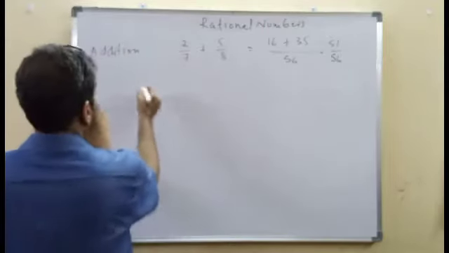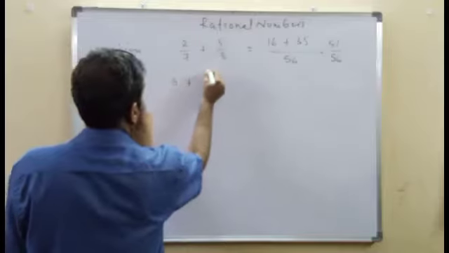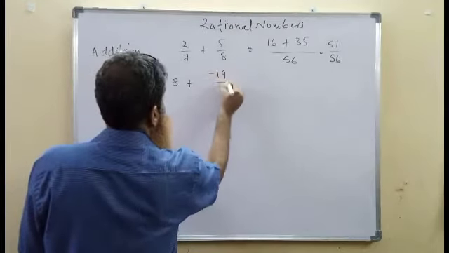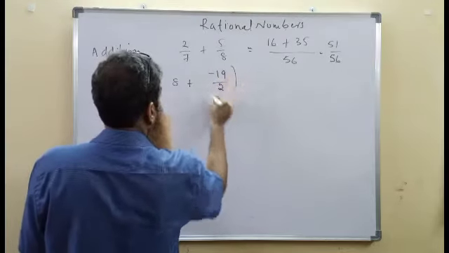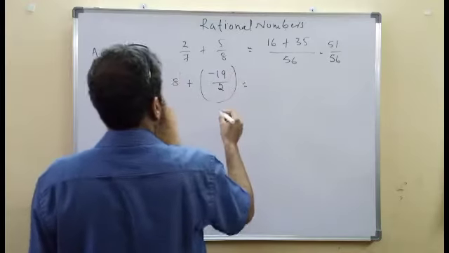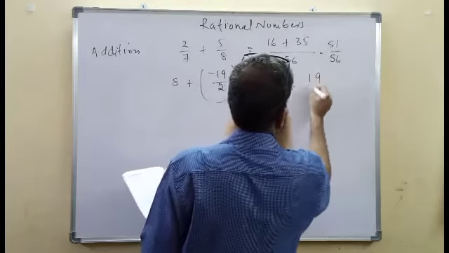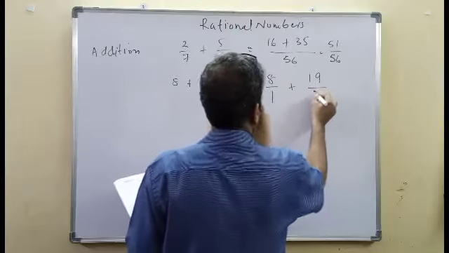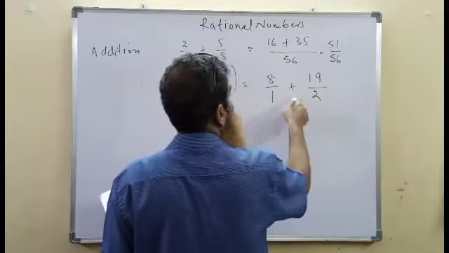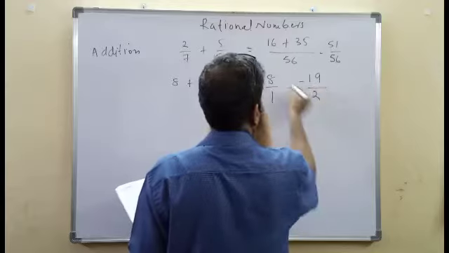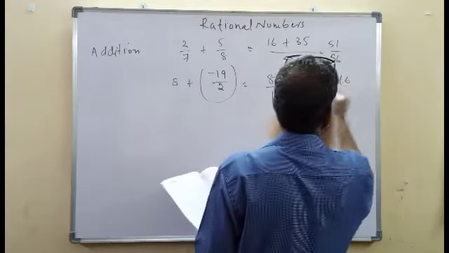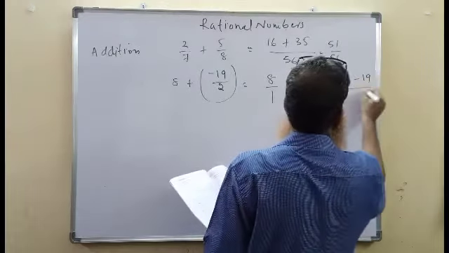Let's check 8 plus minus 19 by 2. We have 8 by 1 plus minus 19 by 2. 2 eights are 16, minus 19, divided by 2.